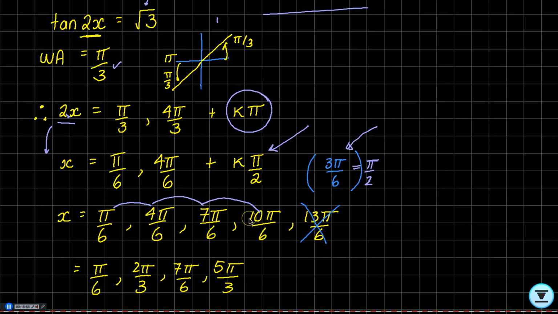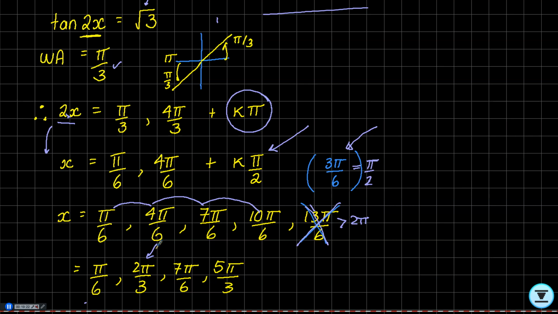Plus 3 gives me the 10. I could keep adding 3, but 13 divided by 6 is greater than 2 pi. So that's why we don't worry about it. And so these are my final solutions because, look, always cancel. If you left it as 4 pi on 6, it's not in its most simplest form. So just always give a round check for that.